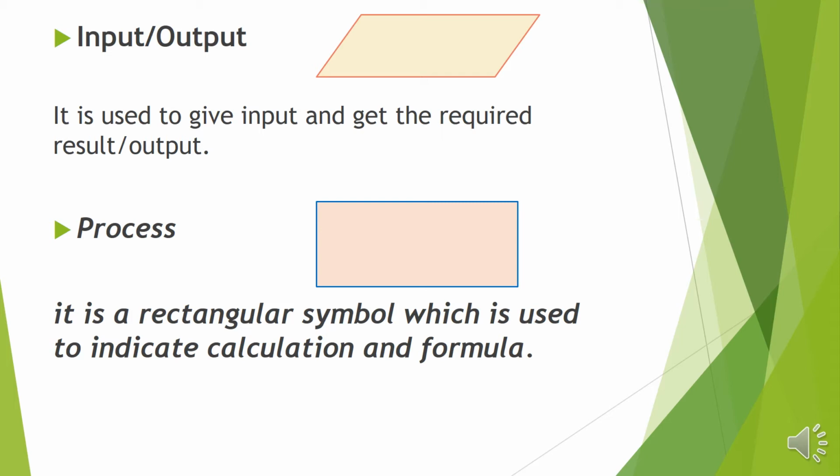All the calculations appear inside the processing symbol, such as the area of a circle. You know that the formula for the area of a circle is A equals pi r squared. We will write this formula inside the rectangle symbol.